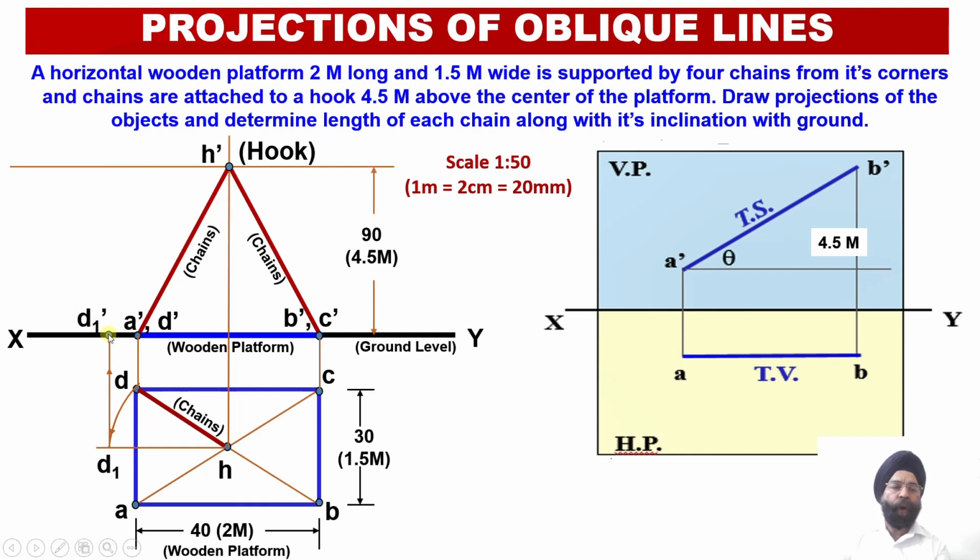So the moment we obtain this point D1 dash in the elevation, we are going to join this H dash point, that is the location of the hook point, with the D1 dash point using a blue color line.